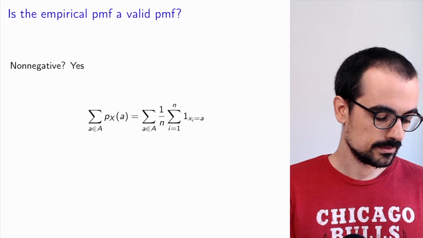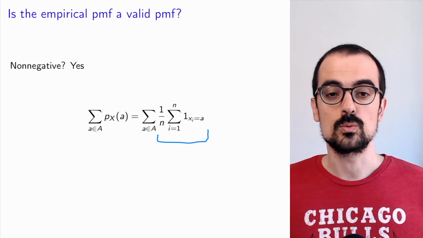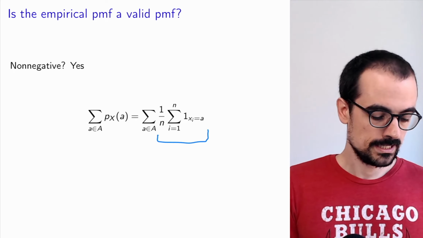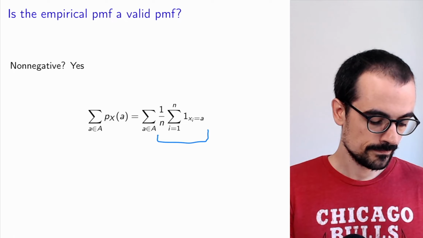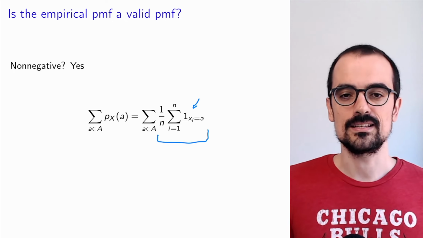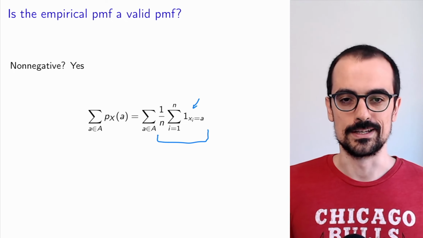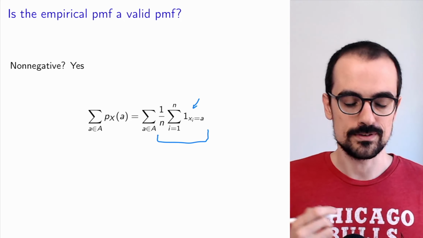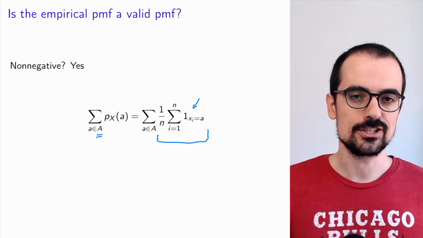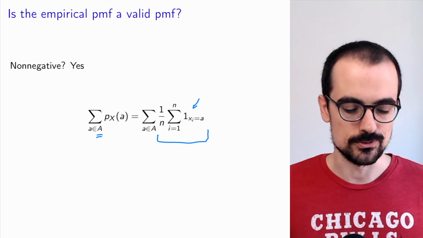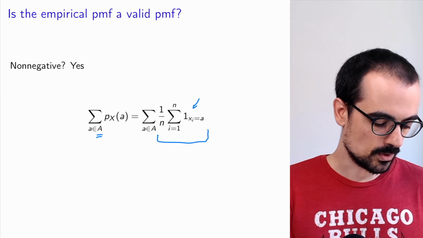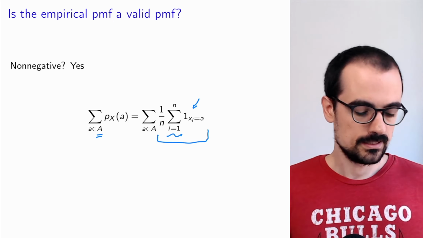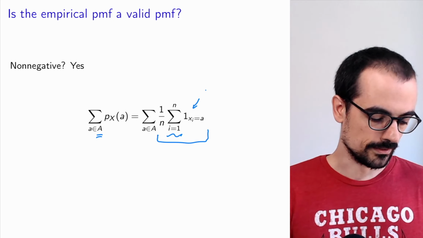Well, we plug in the definition, and now what we notice is that each data point has to be equal to one of the values in A, just by definition, because that contains all the possible values.